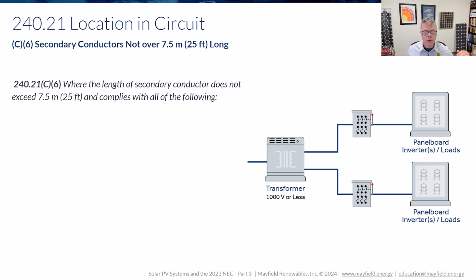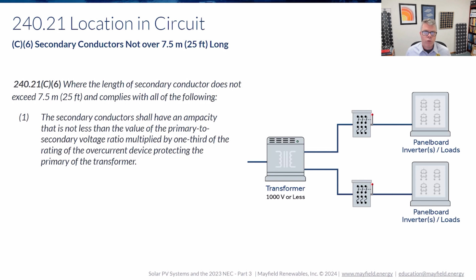For example, if the overcurrent device on that top panel board, that fuse disconnect in this case, was 10 feet or less from the transformer on that top section, then you would follow the rule for 240.21(C). If the bottom section was 20 feet away, then you would apply the C6 section in order to properly apply this. So you apply them separately. You don't take the worst case scenario and apply it to all of the circuits on the secondary side.